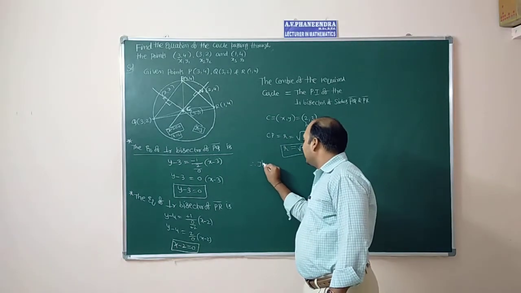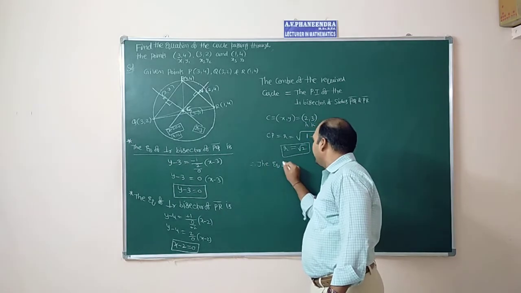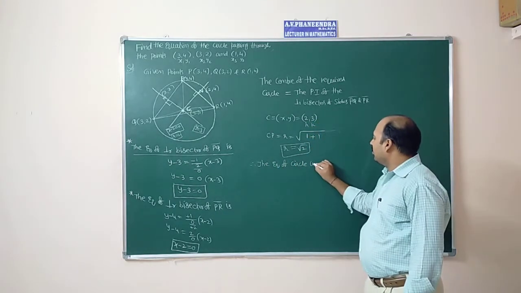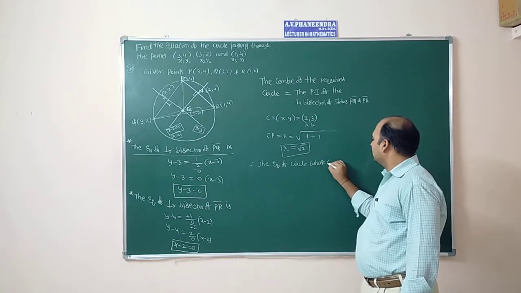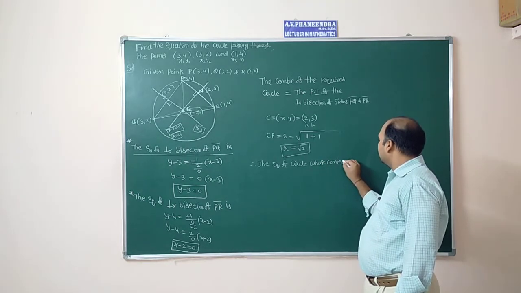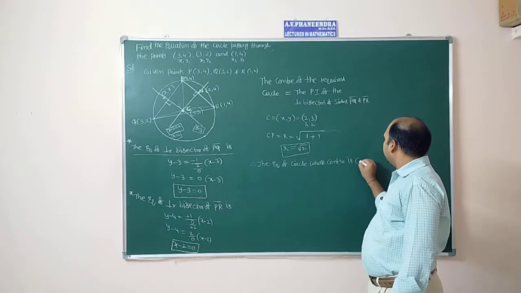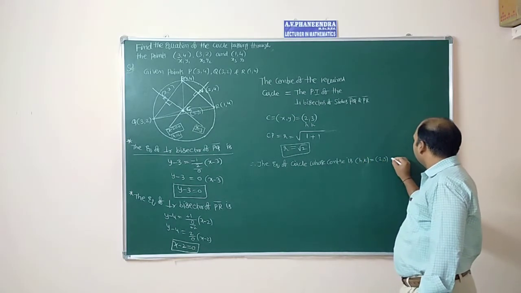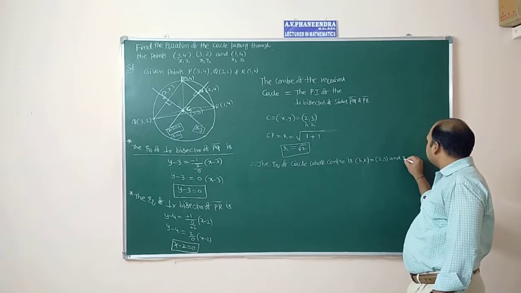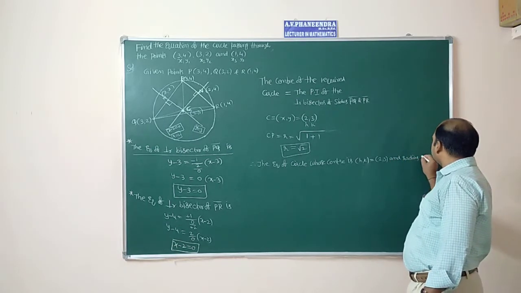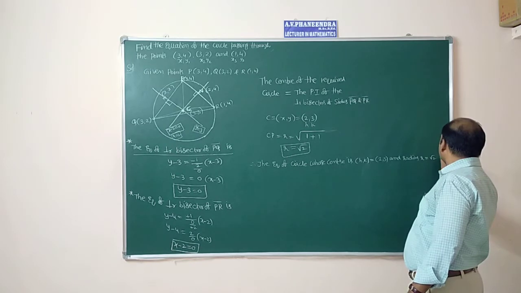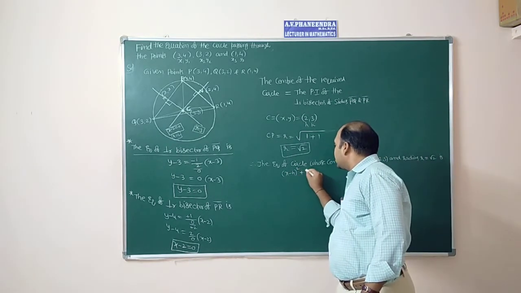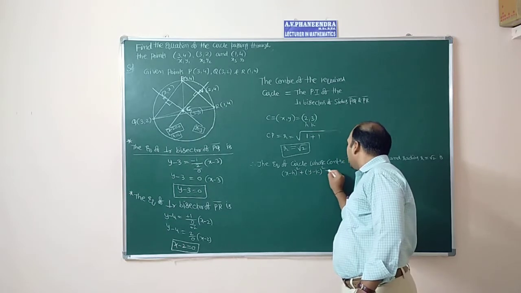Therefore, conclusion step. The equation of the circle whose center is (h, k), that is (2, 3), and radius r equal to root 2 is, by the formula, (x minus h) whole square plus (y minus k) whole square equal to r square.